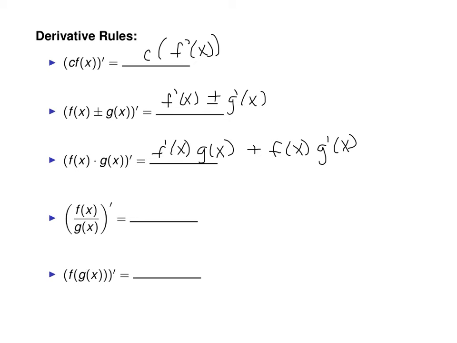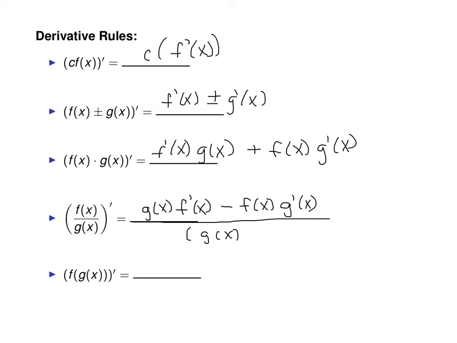Now the derivative of a quotient is given by the following. It's g of x times f prime minus f of x, g prime of x, all over g of x squared.